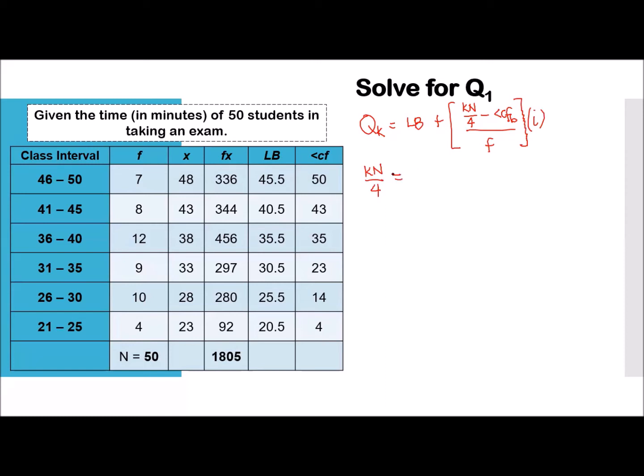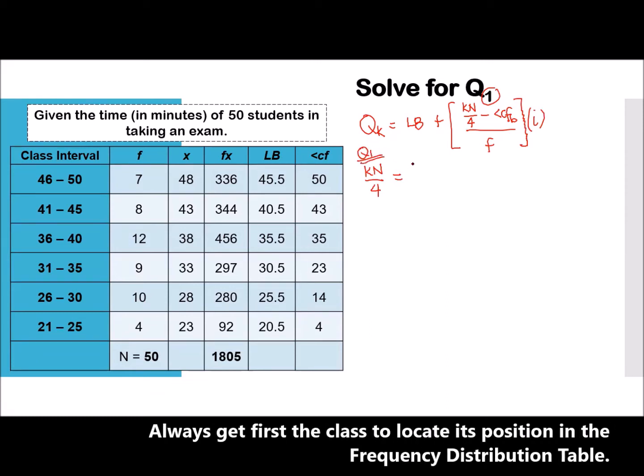So, ang K natin, dahil Q sub 1, ay 1. Ang n natin ay 50, tapos divided by 4.